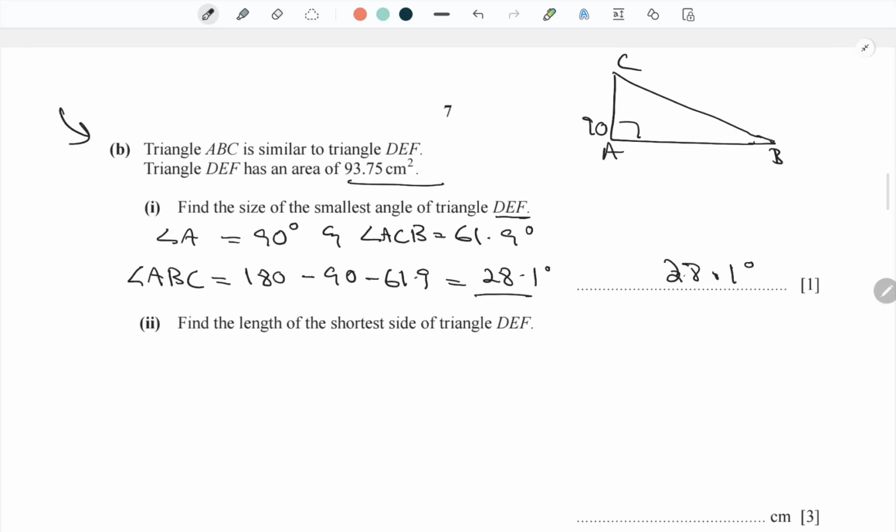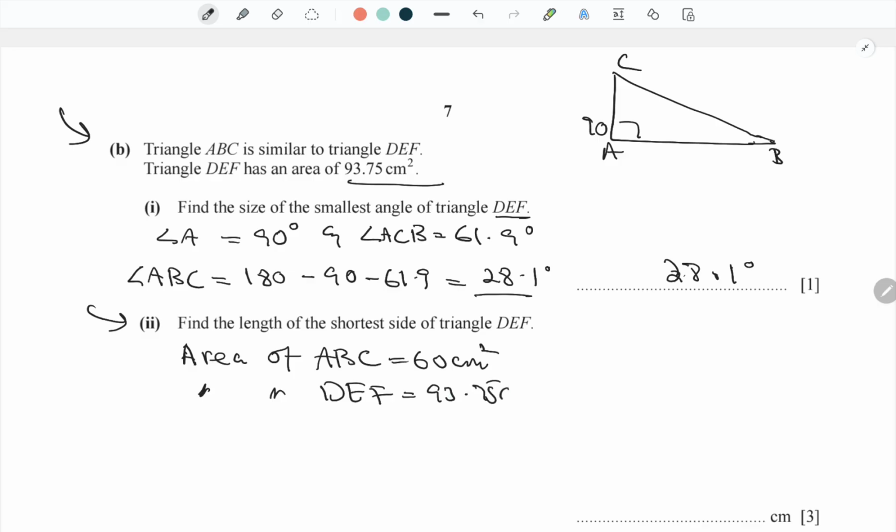Now we work on the next question, to find the length of the shortest side of DEF. I suggest you pause this video here and try to solve this one, because we already solved a lot of it. First, the area of ABC is given, that is 60 centimeter square, and the area of DEF is given, 93.75 centimeter square.